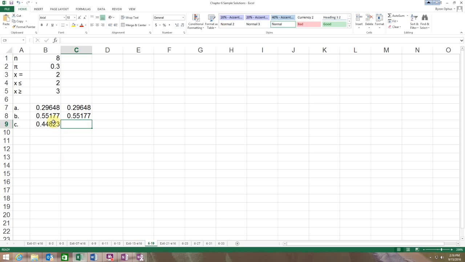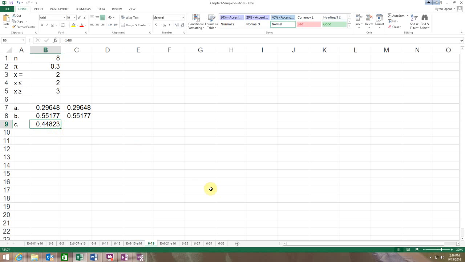But the other way to do that is this: if this is less than or equal to 2, then everything above that is going to be 1 minus that, because our probabilities always add up to 1. In this case, I want to know x is greater than or equal to 3, so it's basically the inverse of that one.